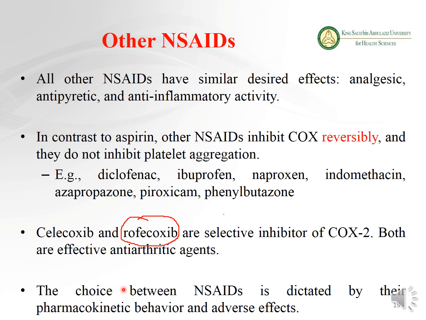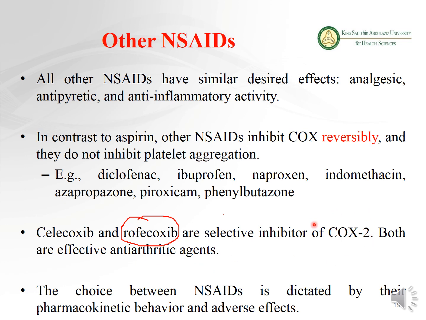The choice of NSAIDs depends on the pharmacokinetic behavior and adverse effects. We have to look at the cost, or the benefit versus risk ratio. If the risk is more than the benefits, then we don't have to use drugs which have more risk compared to the benefits.